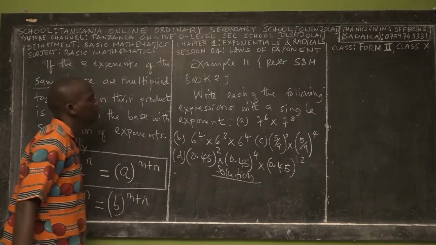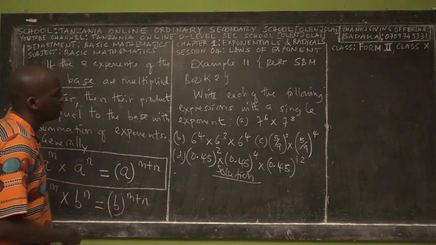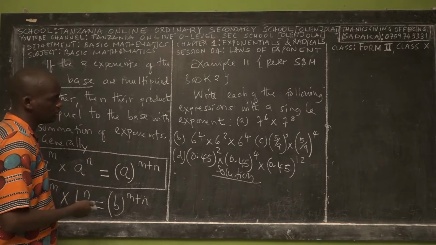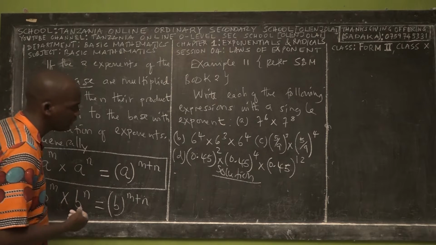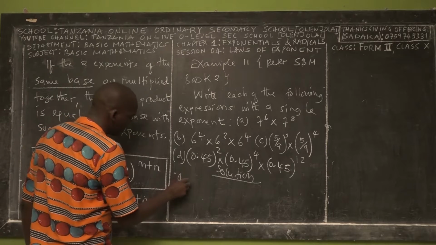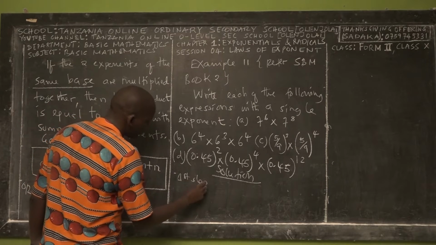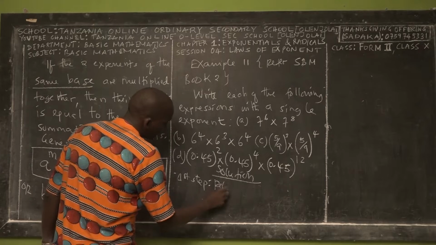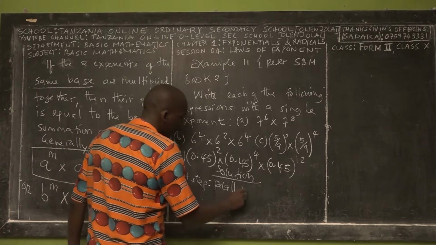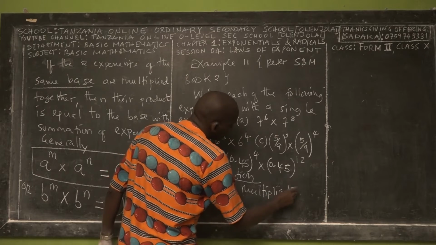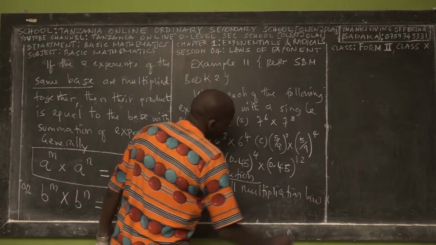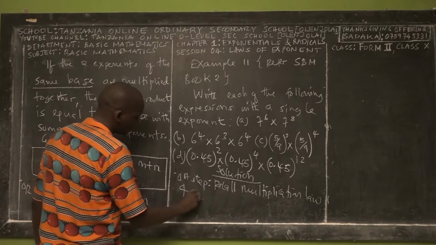Solution. In order to solve all of these questions, from A to D of example 11, we are going to follow a number of steps. The first step is the multiplication law of exponents.